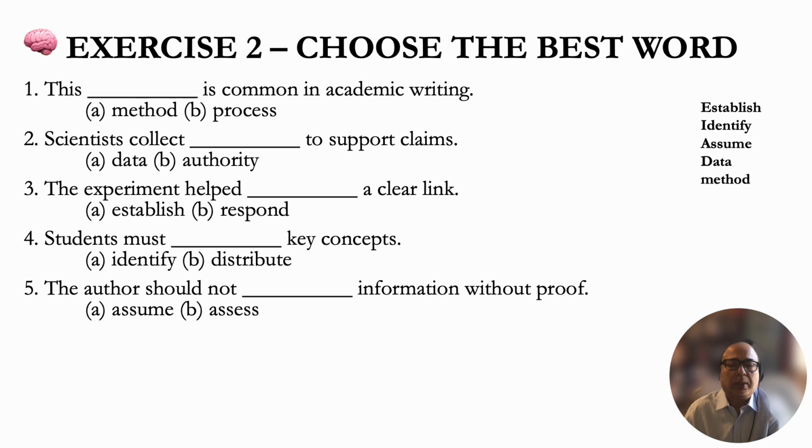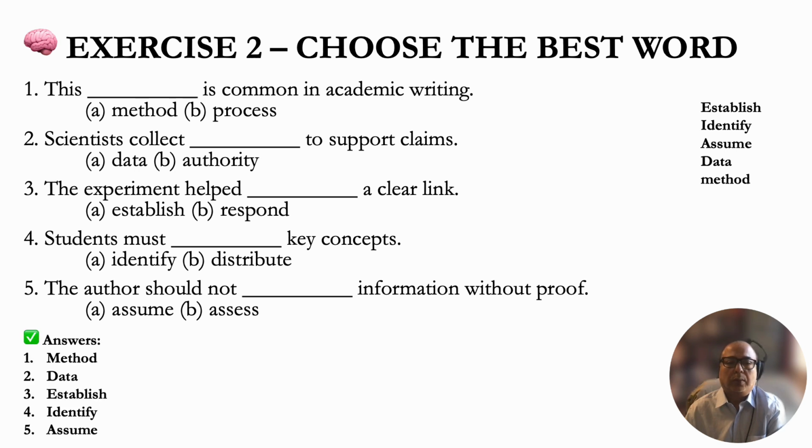You've done exercise 1, so exercise 2 should be easy for you, not that hard. One is method, 2 is data, 3 is establish, 4 is identify, and 5 is assume.